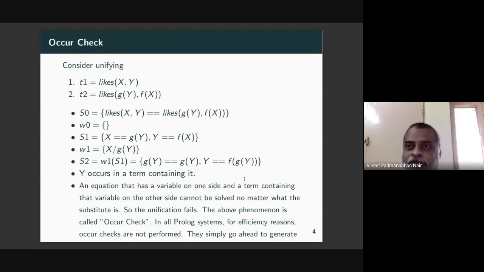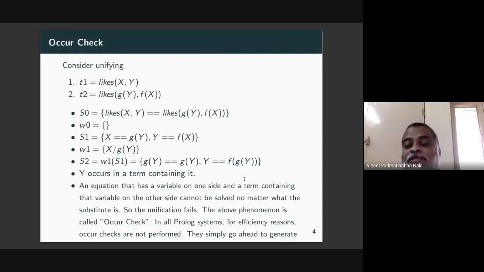Because you are trying to capture the whole of first order predicate calculus using a programming language, you end up with such problems. Hence, the programming language as such is not a complete implementation of the actual mathematical apparatus lying below. But anyway, we are interested in the computing part.